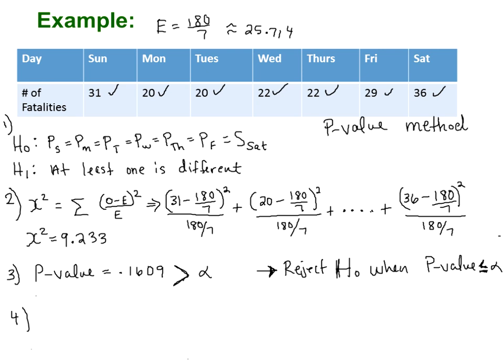All right, so in this case, we're not rejecting the null. We failed to reject the null hypothesis. So if we fail to reject the null hypothesis, do I still believe the null hypothesis? If I fail to reject it, do I still believe it?